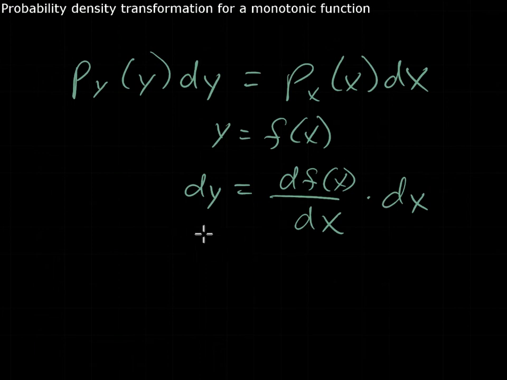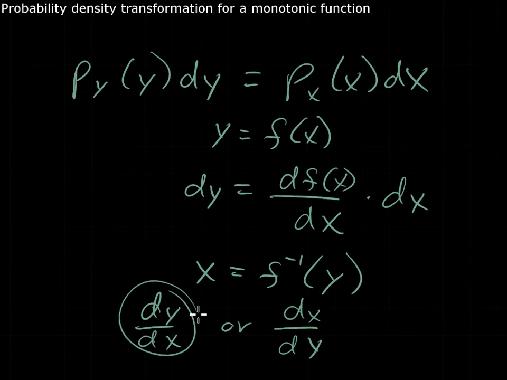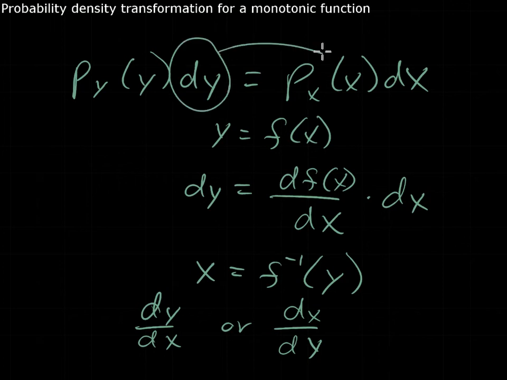More specifically, we may find the inverse mapping. x is some inverse function of y, this inverse mapping, and we can obtain either dy dx or dx dy. The point to make is we can use this transformation function between x and y and get either this term or this term. So once we have that, it's basically a game of moving this term to this side of the equation.